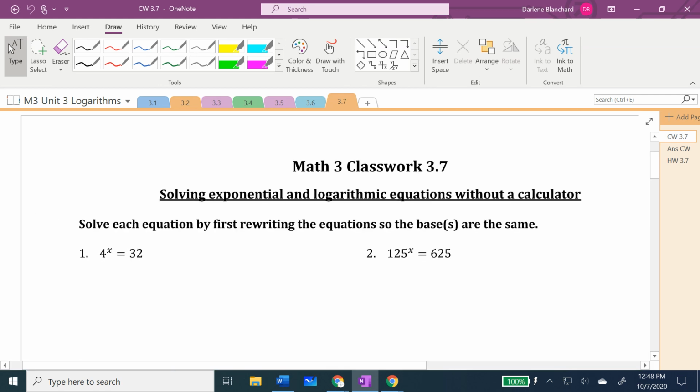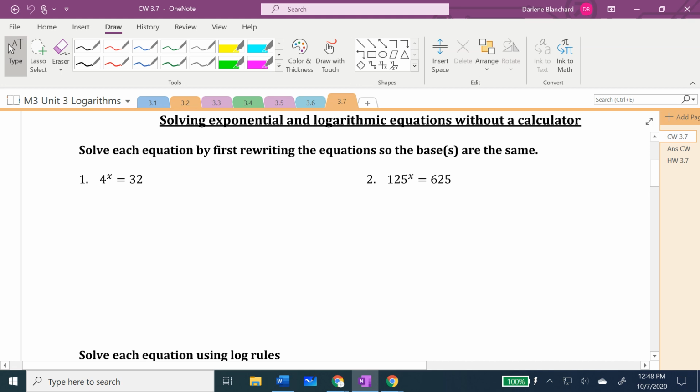That was a delay. Okay. If you have exponential equations and you're trying to solve for that exponent where the variable is, most of the time you're going to need a calculator. It's actually rare that you can get by without a calculator.